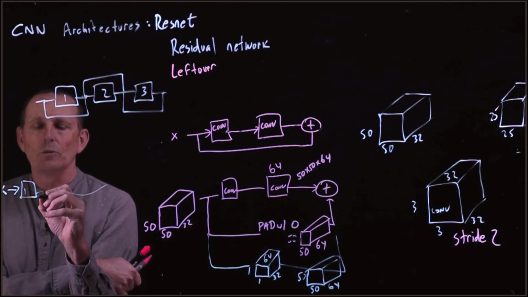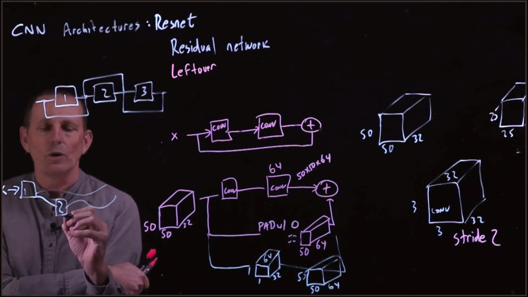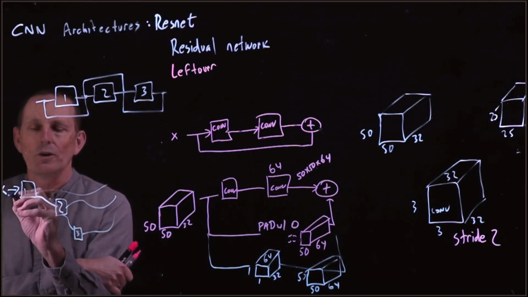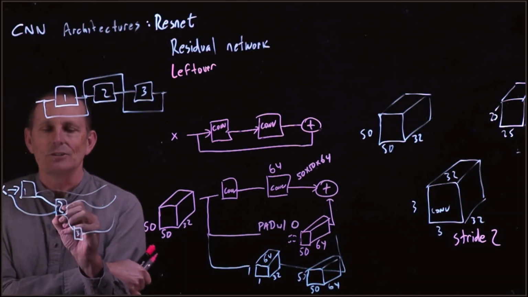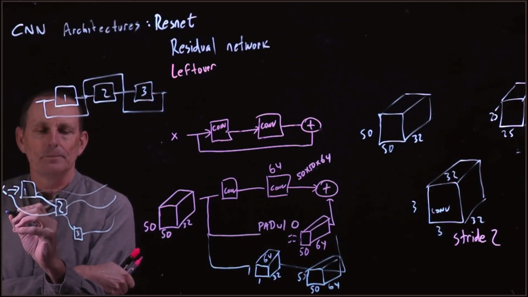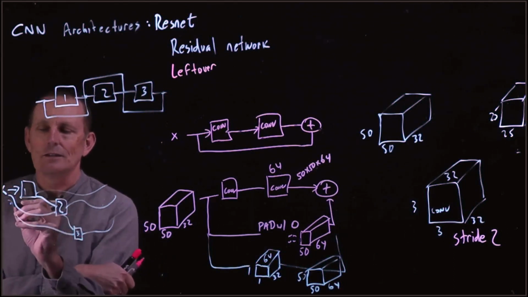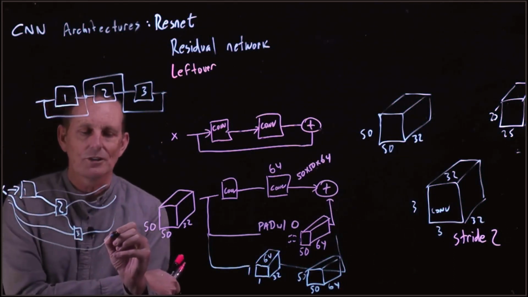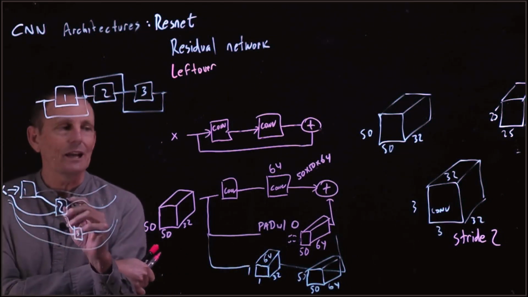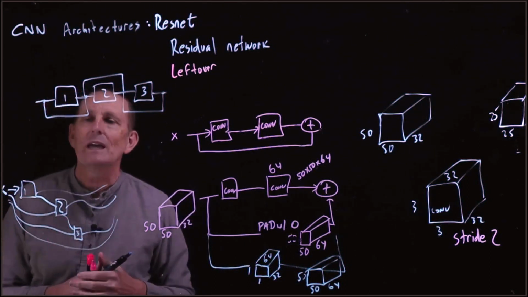Or we could go through 1 and then 2 and then go to the end. Or 1, 2, and 3 and go to the end. Or we could go directly to 2 and to the end, or to 2 and 3 to the end. Or we could directly go to 3 and then the end. Or theoretically, we could just go directly to the end if we're trying to compute the identity. So we've actually got 8 different paths through here that we can take.